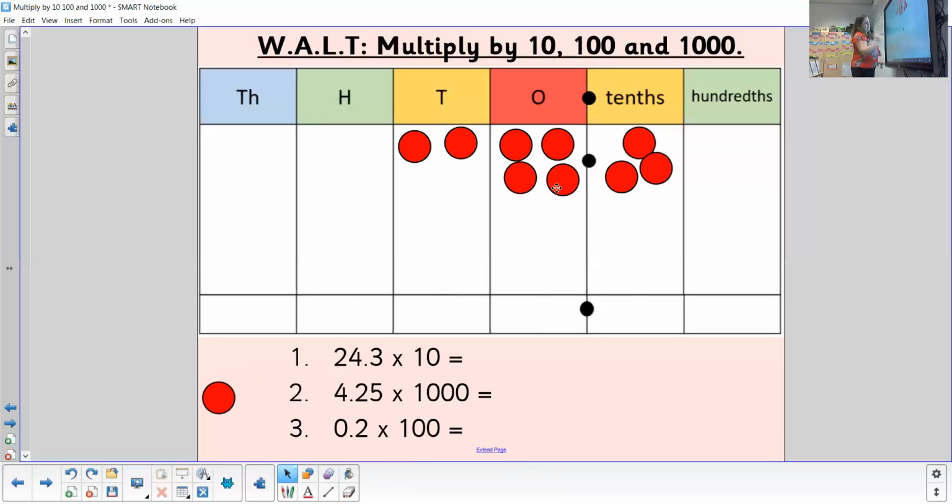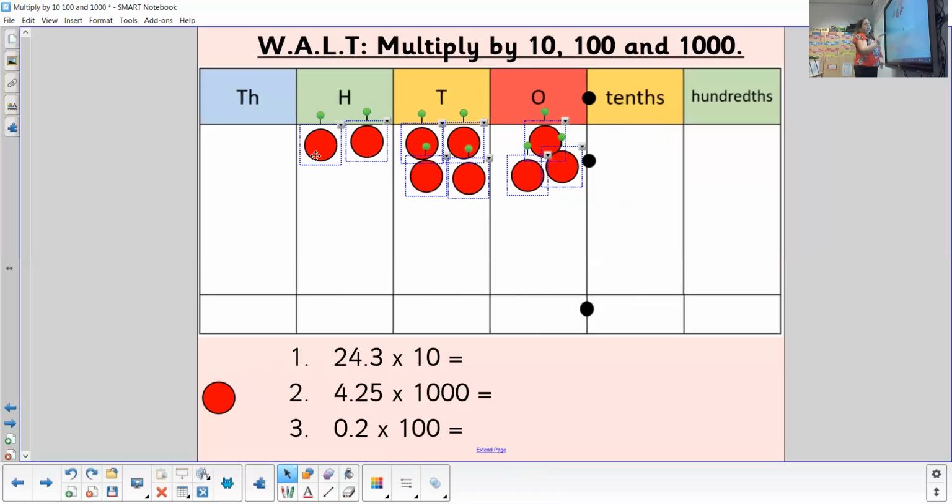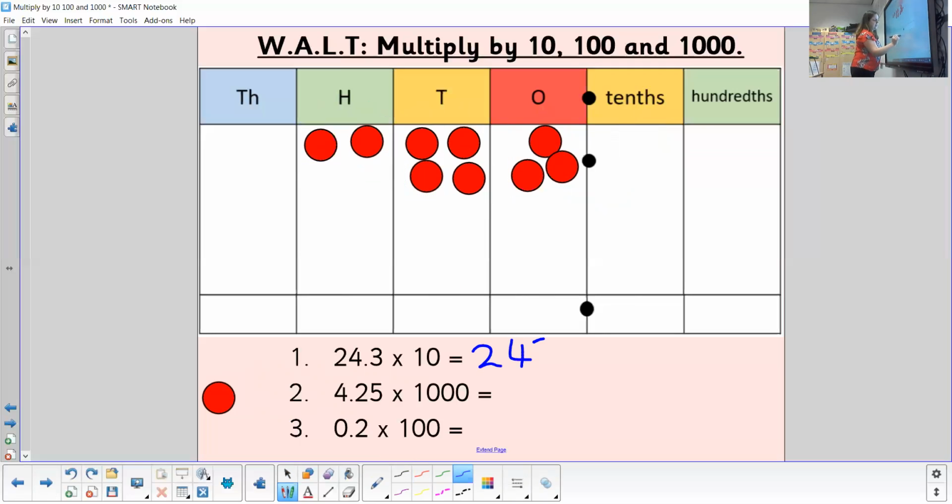Move that. Get to times by 10. So I'm going to grab all of those and I'm going to do it in one go. Move. Great. So I've got 2 hundreds, 4 tens, and 3 ones. My answer is 243.